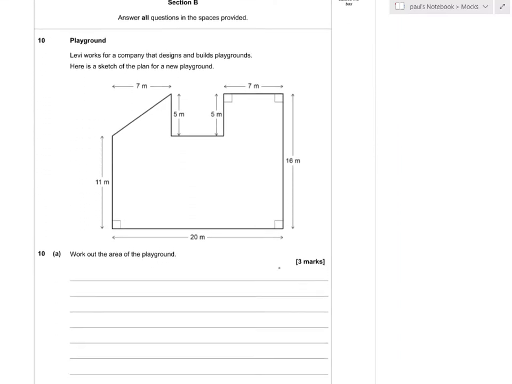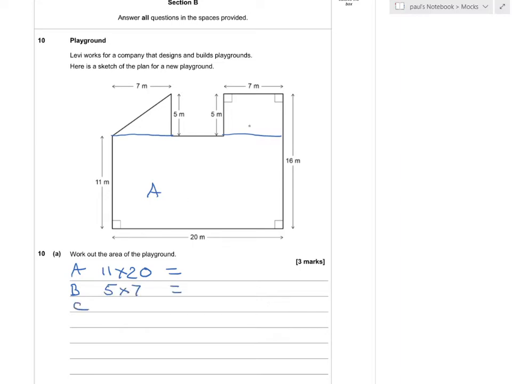Section B. Right, Levi works for a company that designs and builds playgrounds. Work out the area of the playground. Well, I'm going to divide it all up into little bits. So this bit, A, is going to be 11 times 20. B is going to be 5 times 7.